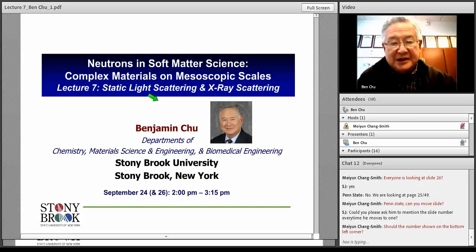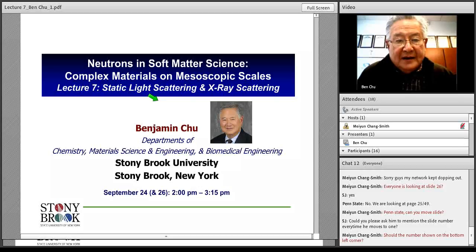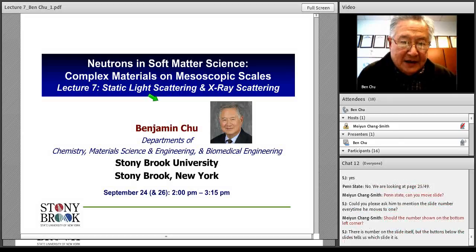But as I mentioned, simply looking at that expression, equation 13, if you make it isorefractive, the scattering becomes very low. And that certainly is not what you want to do.